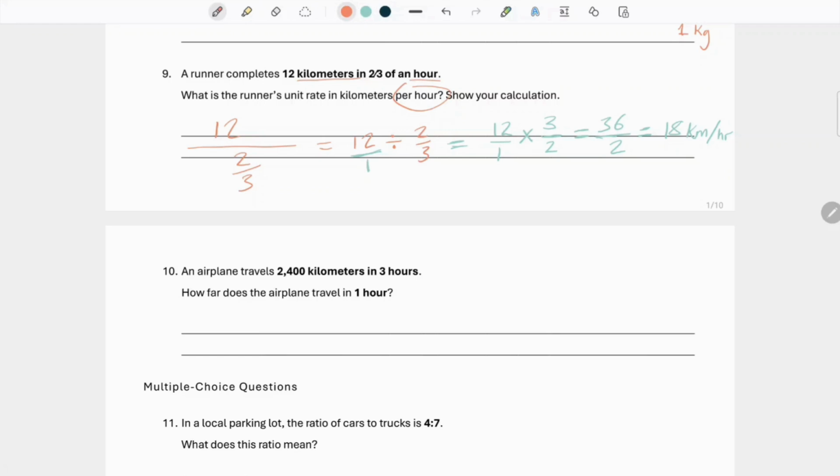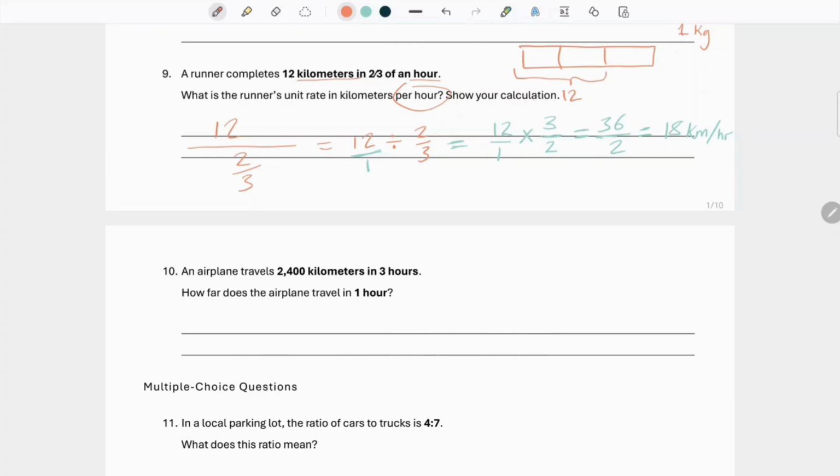Now, there is an easier way to do this. If you imagine you have 2/3 of an hour, in order to make a full hour, we need the last third. So it said 2/3 of an hour is 12 kilometers.